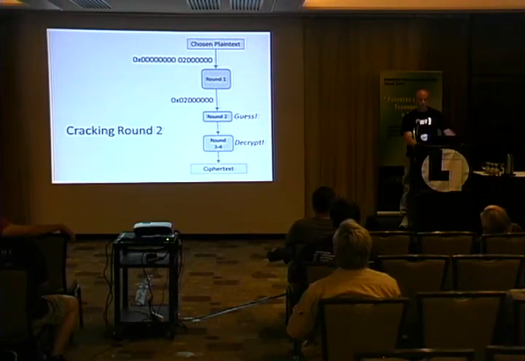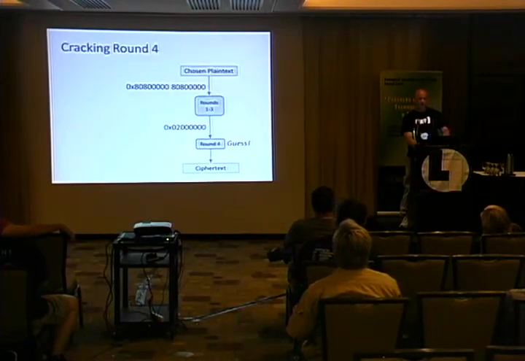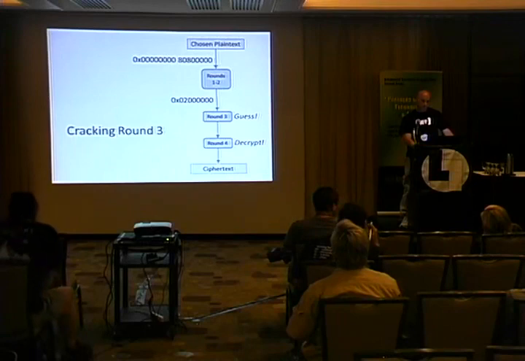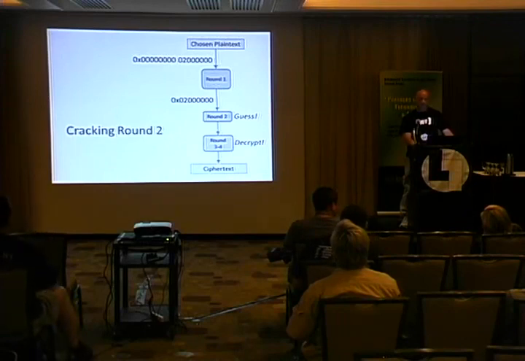Round 2, we do the exact same thing. If you look at the differentials that go through here, 80, 80, 80, 80 goes to 2. Notice we use 0, 80, 80 goes to 2. We have to modify our approach so that this differential prediction falls apart at the end. And then for round 2, it's a little bit different, but same idea.